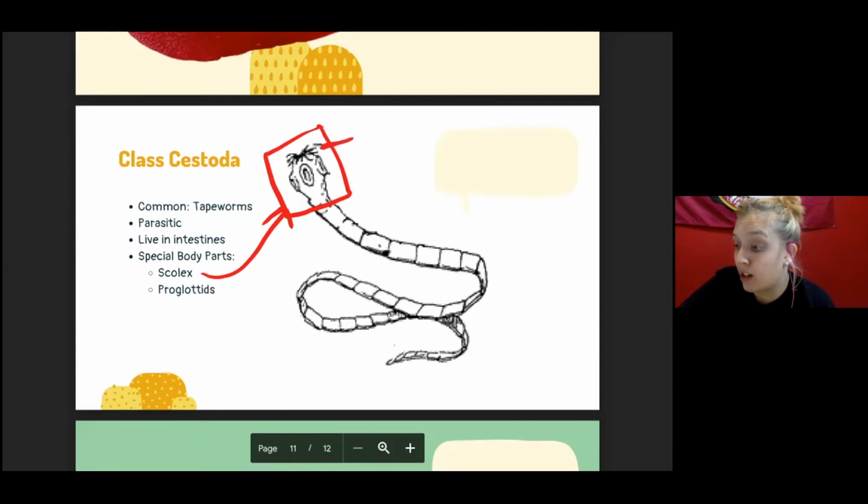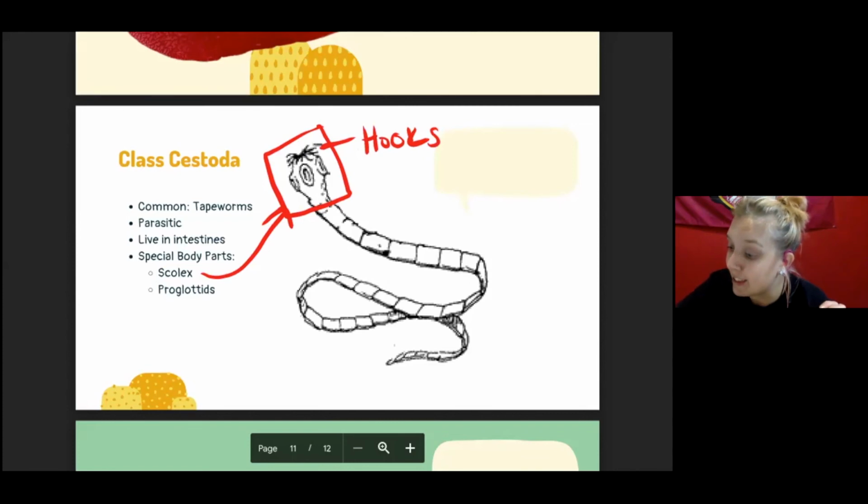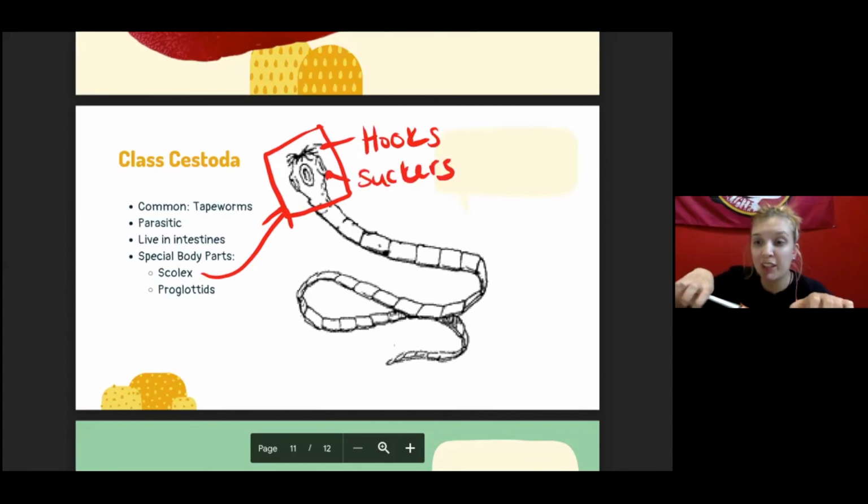The first are these hooks, which literally hook into the side of the intestines, and these are suckers. So not only does it hook in, but it also latches on with its suction in order to stay attached. Its whole job is to stay attached, to get the nutrients that are running through your intestines, and to reproduce, which is in the proglottids.